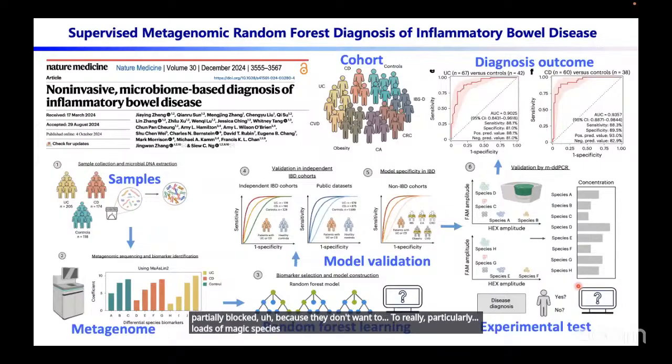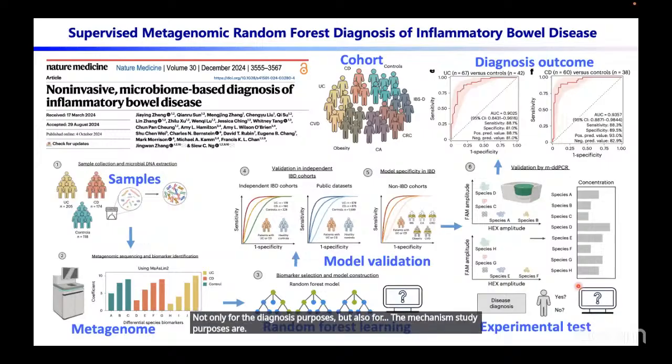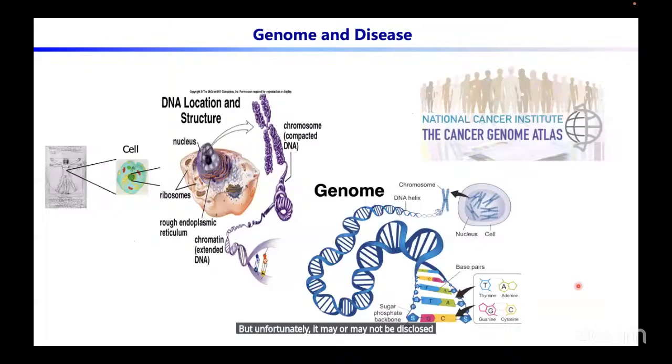These species are very, very useful, very, very important, not only for diagnosis purposes, but also for mechanism study purposes. But unfortunately, it may or may not be disclosed. So this is the problem.